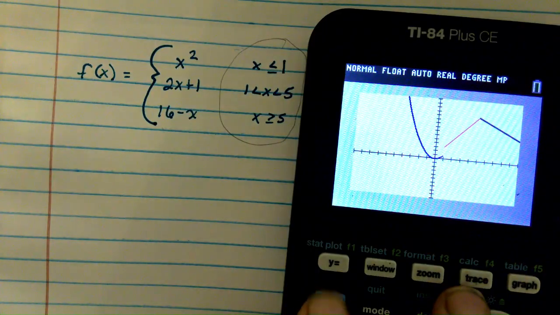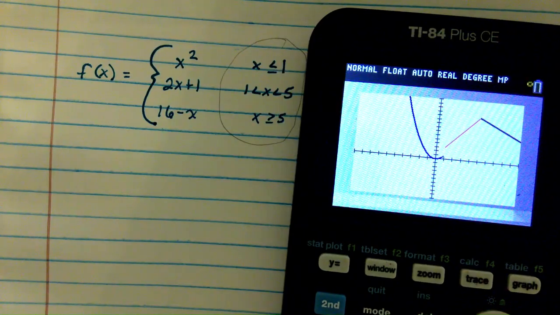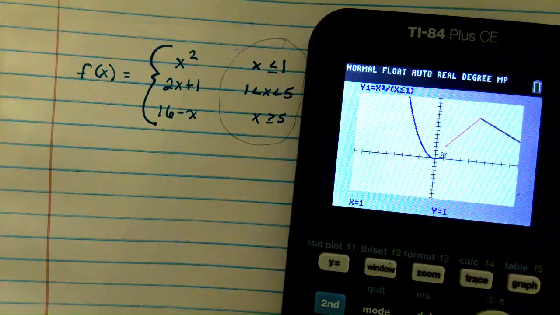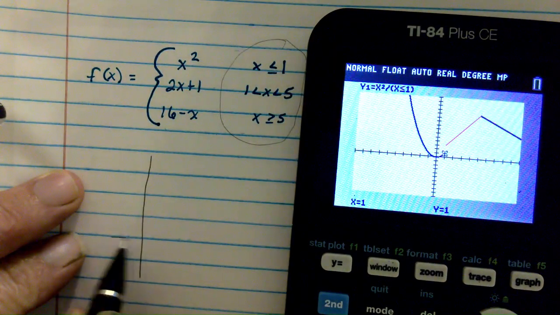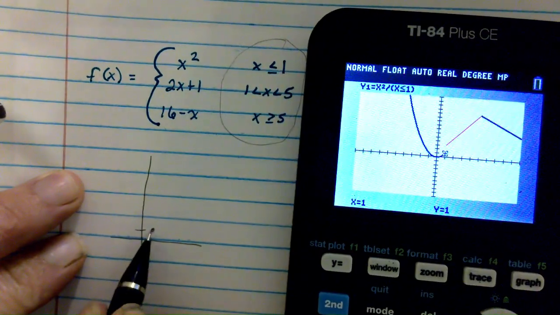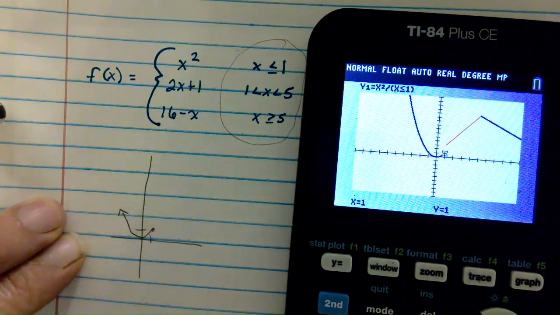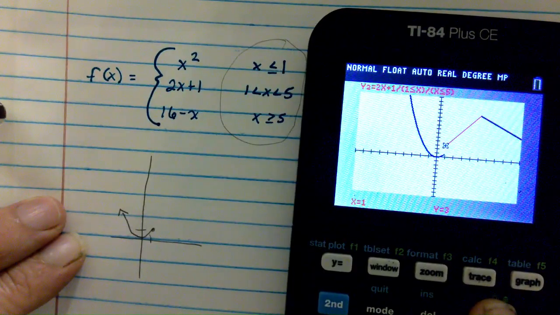Now, be careful that your parabola is going to end at 1, 1, and that's going to be a closed point. Right? And then we're going to jump to our red one, which is 1, 3.